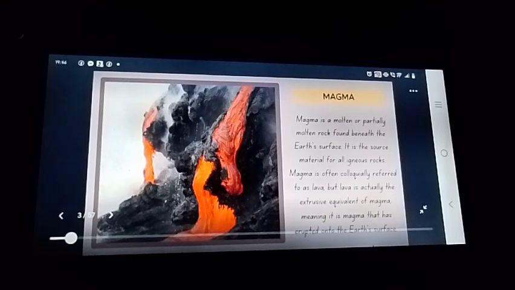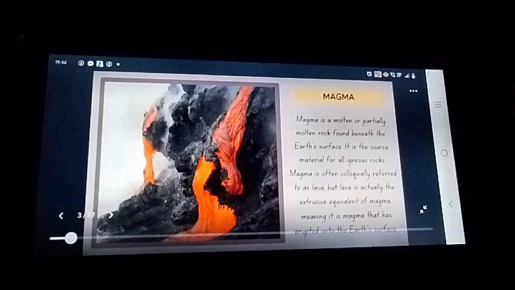Magma is the molten or partially molten rock found beneath the Earth's surface. It's like the underground version of lava, which is what we see when magma erupts onto the Earth's surface. Imagine it like this: magma. Think of it as the hot liquid mixture of rock, minerals, and gases simmering in a giant underground pot.